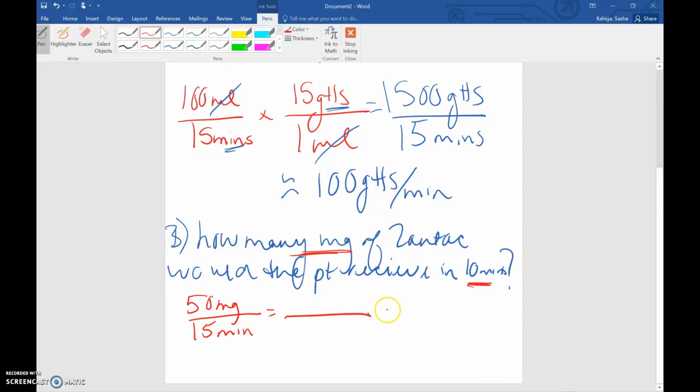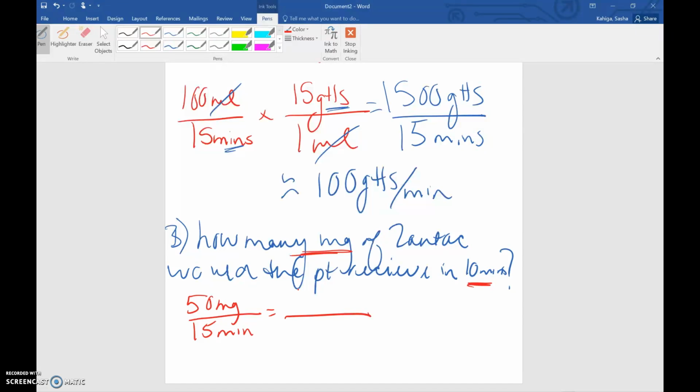So with that being said, in order to set the right-hand side of my ratio proportion up, I have to set it up where my units are mirror to mirror. So if it's milligram per minute on the left-hand side, then it needs to be milligram per minute on the right-hand side.